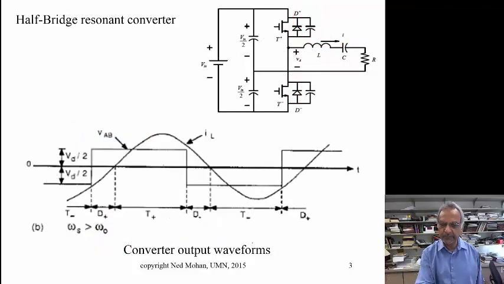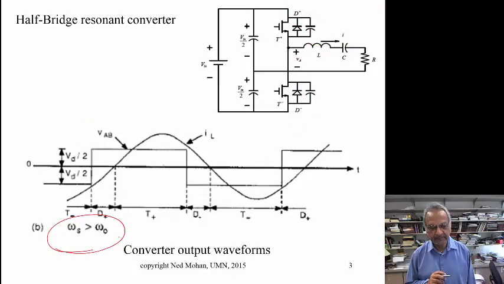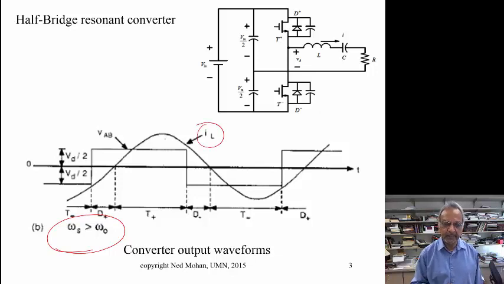So let's move on to operation above the resonant frequency. In this case, the RLC circuit is inductive, and therefore this current is lagging behind the voltage. And you see here that we are turning off the lower transistor, T minus, and at that time the current is negative, so it's really flowing through this transistor, but we have this lossless snubber capacitor.